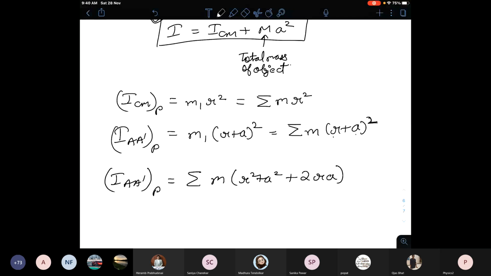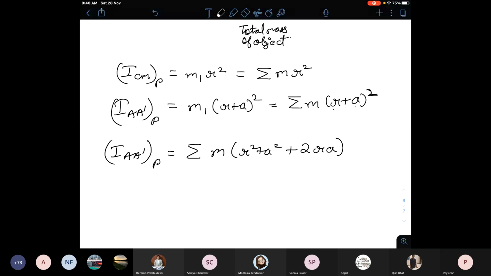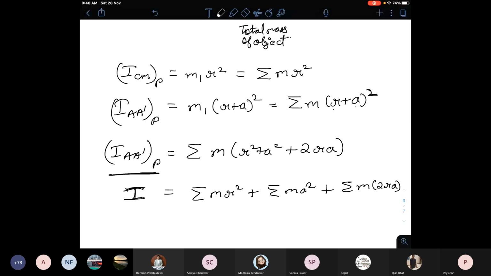Now see, the moment of inertia about this axis is written as I. This can be written as summation mr square plus summation ma square plus summation m2ra. I have divided the summation into three terms.